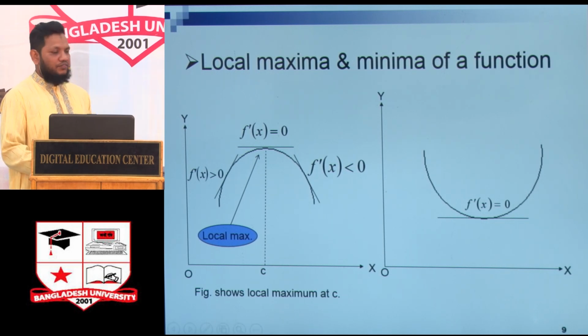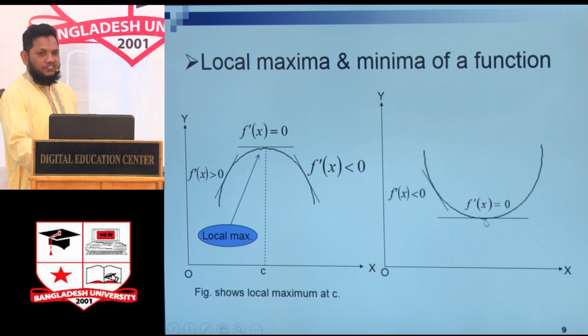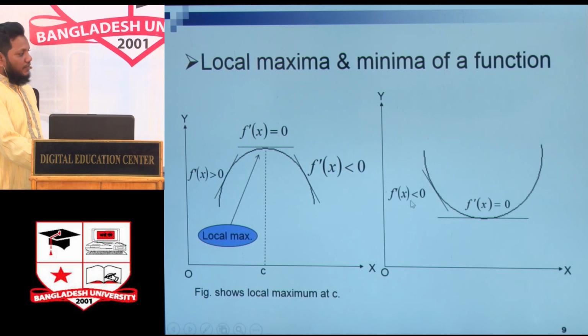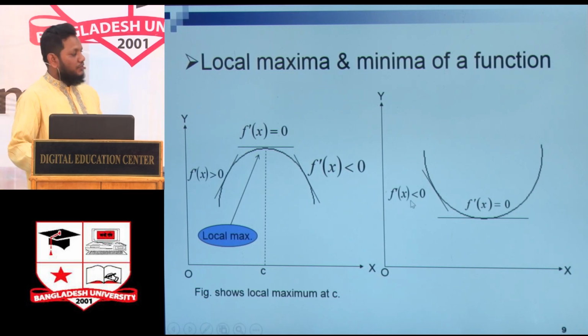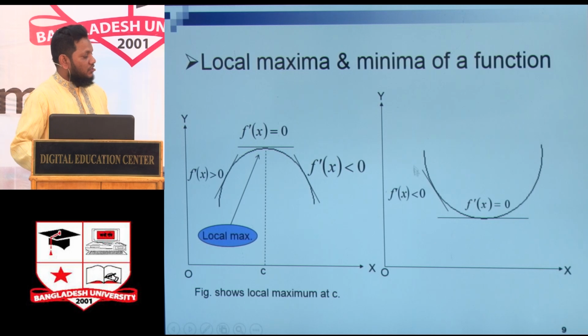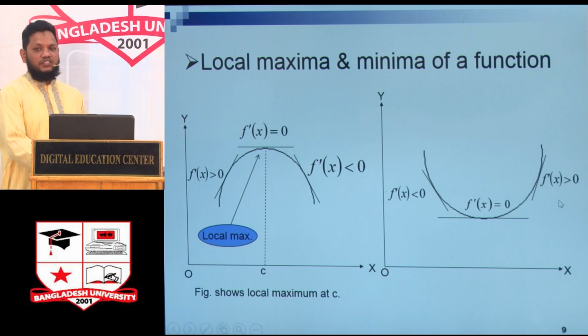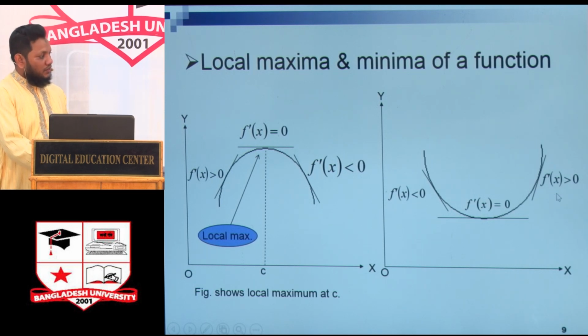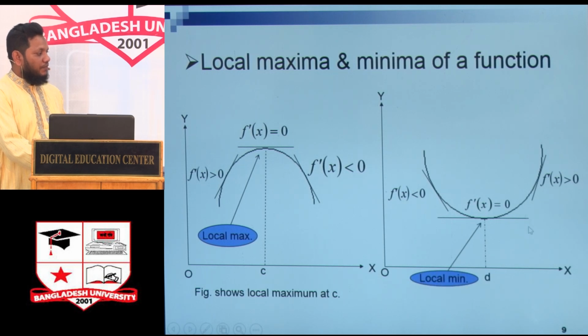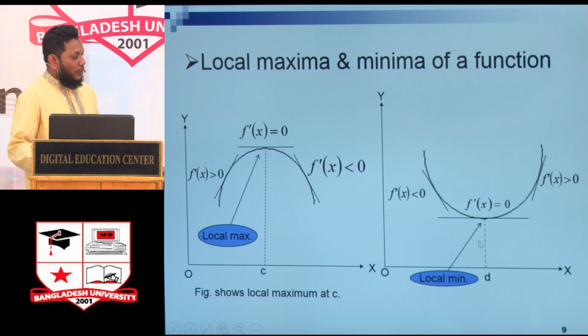So we can say f prime x equal to 0, and we can check now the left side of this stationary point. f prime x is less than 0 on the left side. And if we draw a tangent on the right side of this stationary point, f prime x is greater than 0. So we can say this is a local minimum, and the local minimum value will be f of d, because the value of y here is f of d.